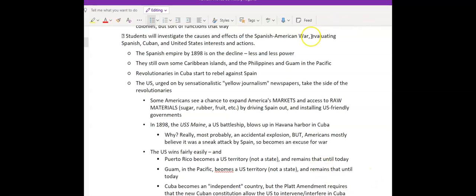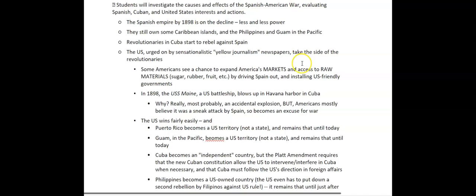Well, to get back to our notes here, these yellow journalism guys are pushing the war. At the same time, some Americans see it as a chance to expand America's markets again and access raw materials. These Caribbean islands, like Cuba, were great for producing sugar, fruit.